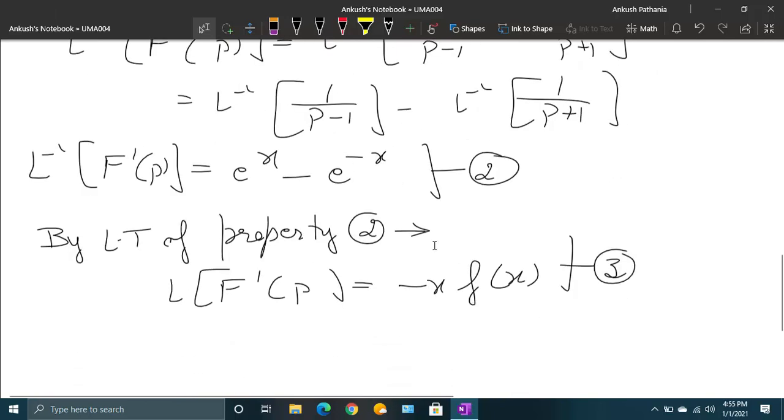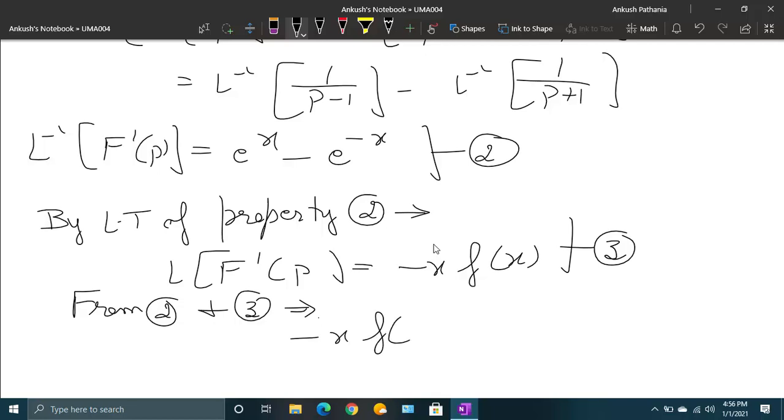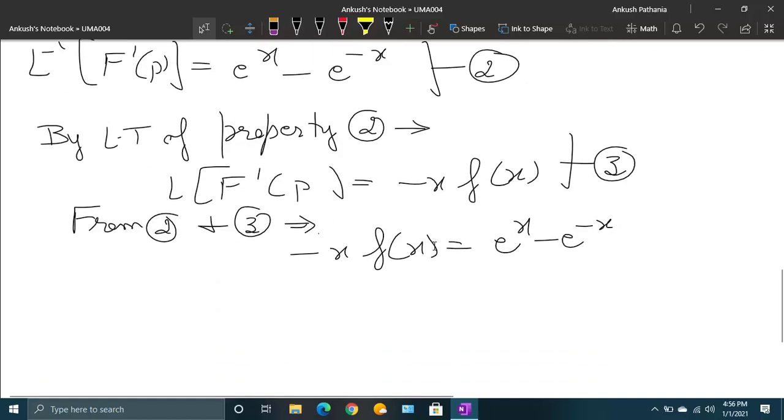So now from 2 and 3: equation 2 we derived from the given F(p), and equation 3 we got from the relation of the inverse Laplace of property 2. So from 2 and 3 we get minus x f(x) is equal to e^x minus e^(-x), because both are representing the same thing.